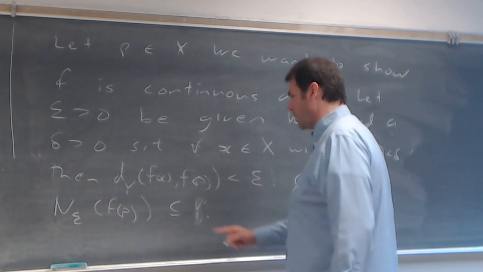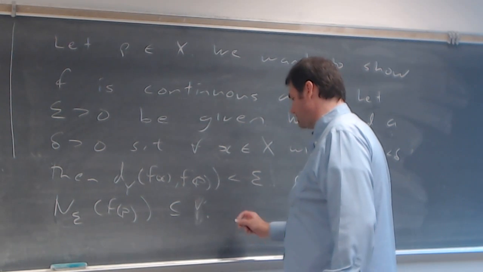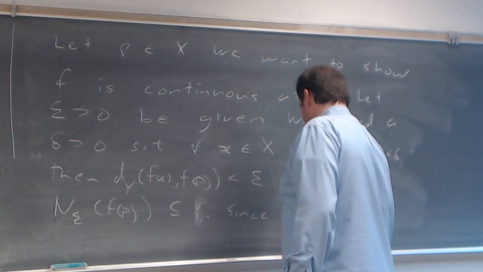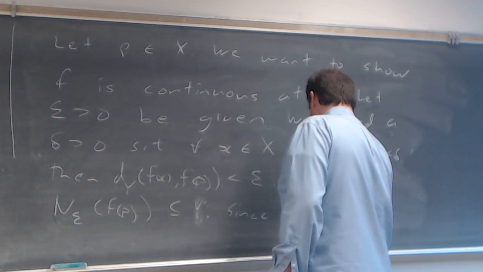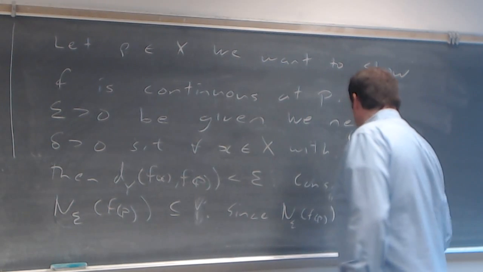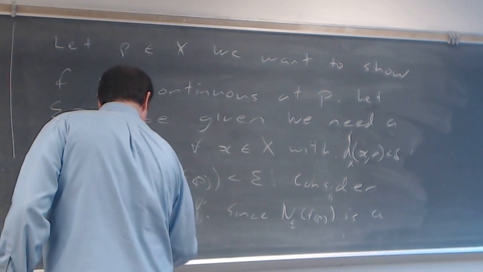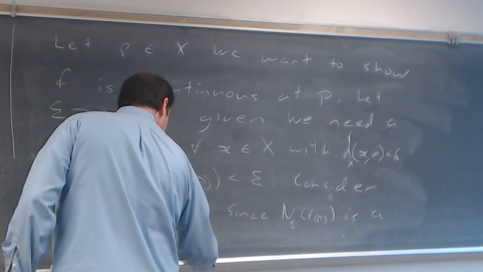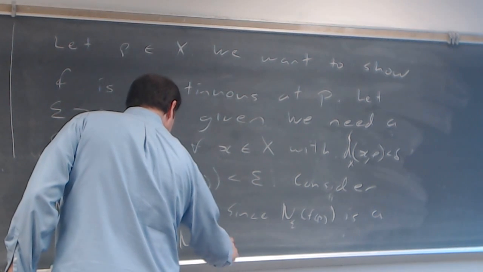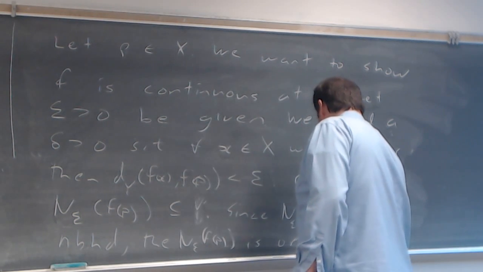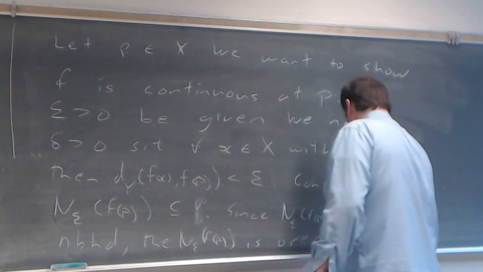So here's what we notice. Every neighborhood is open. Since the neighborhood of radius epsilon about f of p is a neighborhood, we know it's open. Okay, it's open in Y.